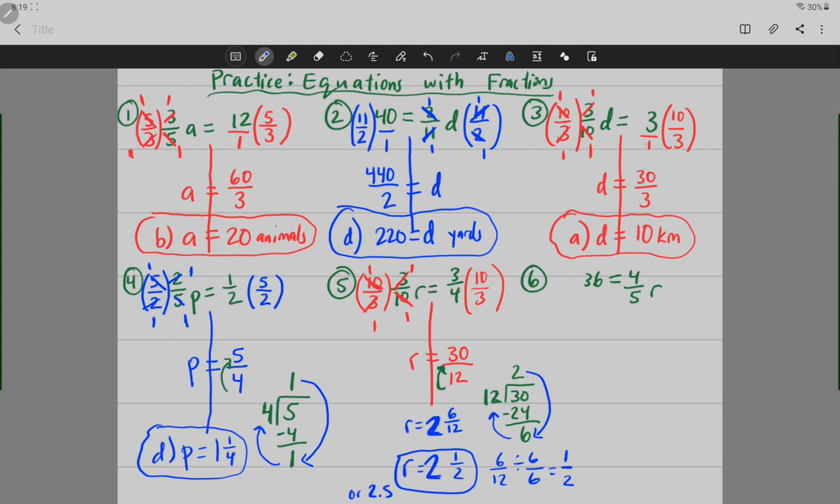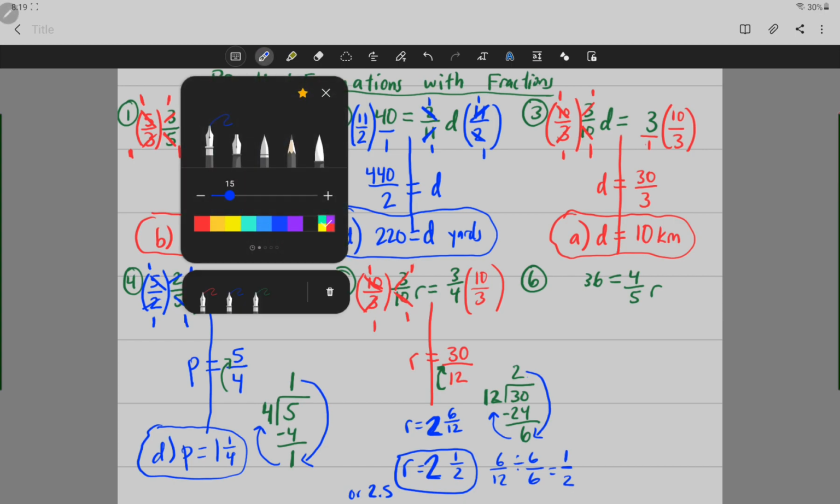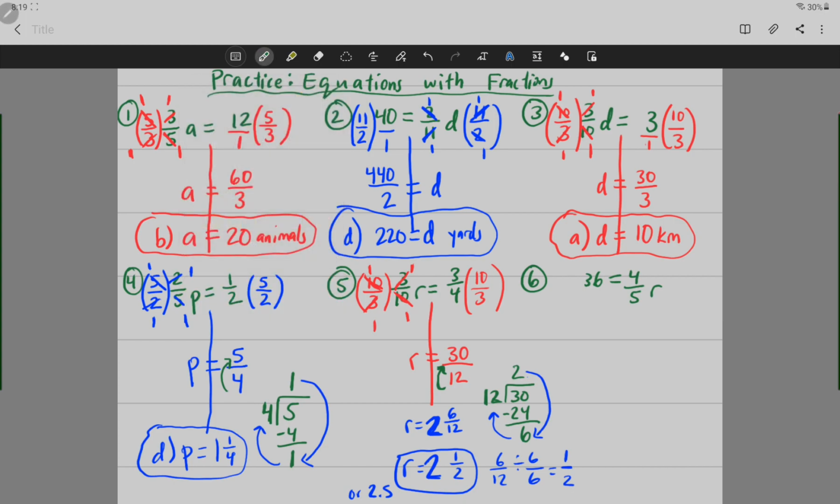And just to go back to what I was saying before, I'll do it off to the side here, and then I'll erase it when I'm done, just to show you the other way. So we could have taken this 30 over 12, and if you didn't want to do this step over here, what you could have done is divide by the GCF, greatest common factor.